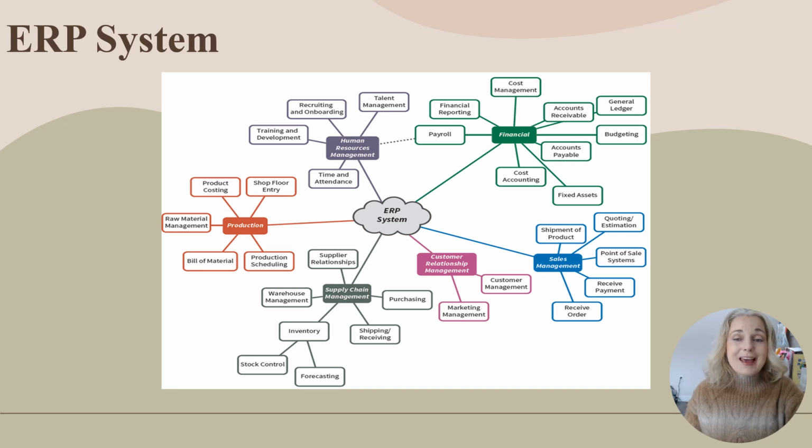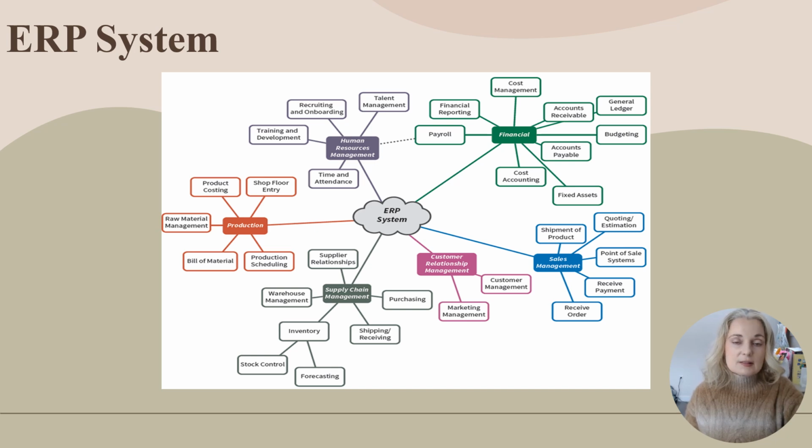We have our financial module that looks at the various types of accounting, budgeting, accounts payable, receivable, etc. We have our human resource module that looks at employee time tracking, training and development, recruitment and onboarding, and talent management. We have our production module that looks at product costing, raw material management, bill management, etc.